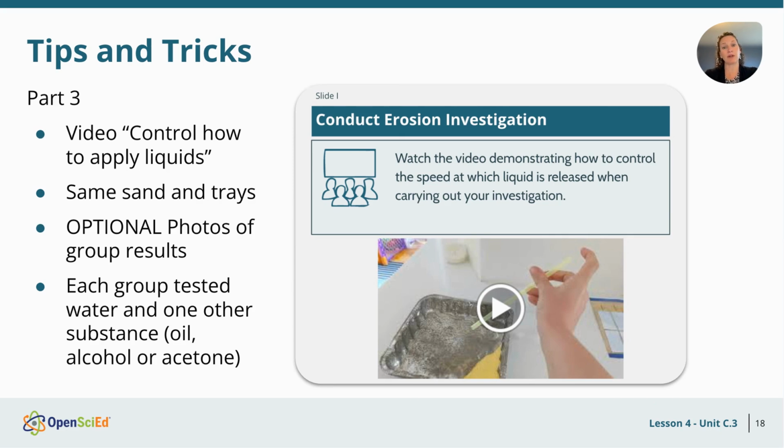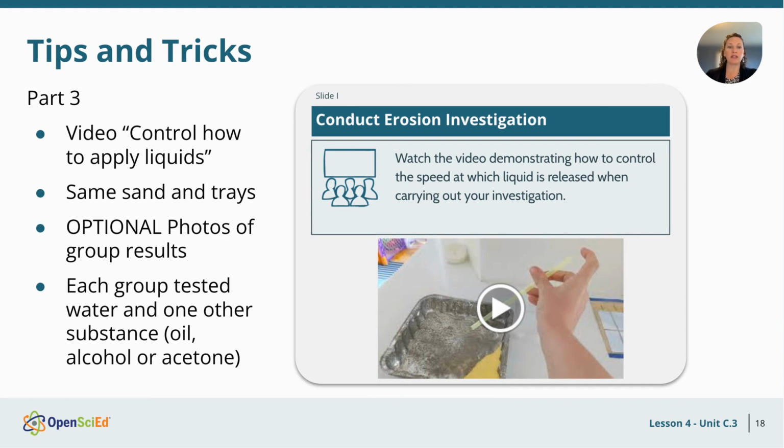It made cleanup easier. I had my students take photos of their results and upload them into a shared Google slide deck. This way, everyone could see the results from all of the groups across all of my class periods for the gallery walk that's going to happen on day 2. It allowed more data for us to be able to see the patterns. To maximize the efficiency of the investigation, I had every group test water.